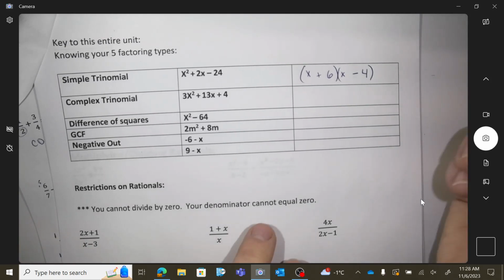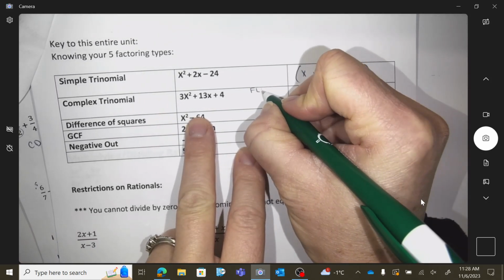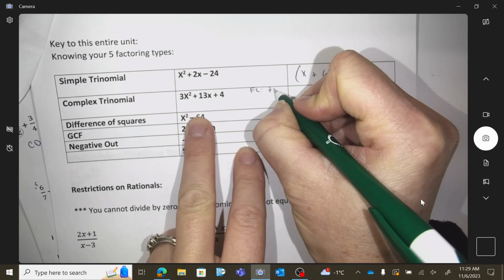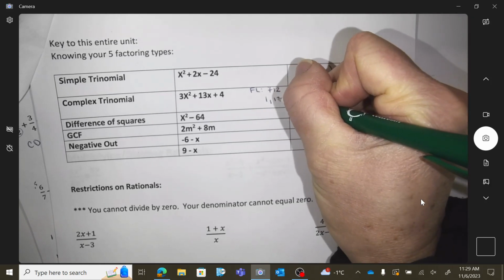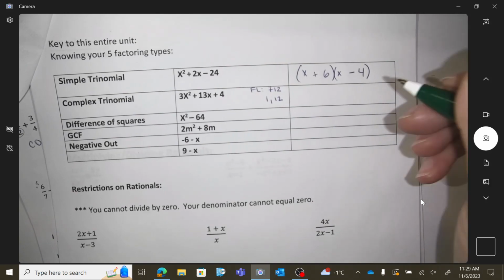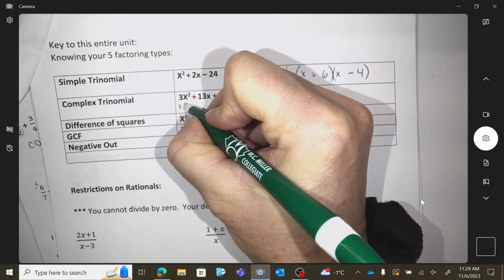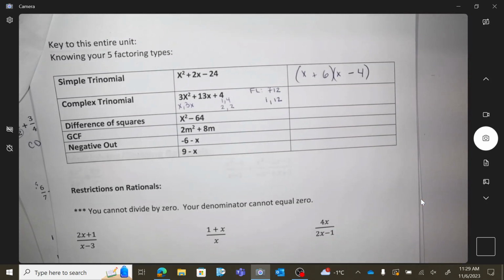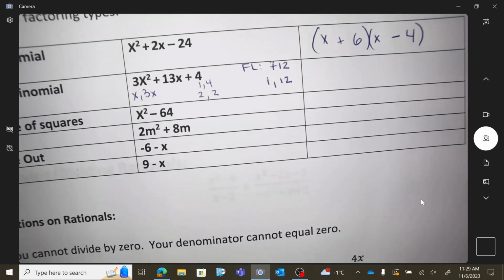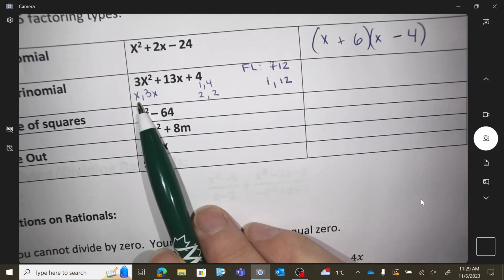Complex trinomial. You need a Flood number, which is 12. Would you know any multiples of 12 that could make a 13? 1 times 12. Then I made a list. What are all the F options?